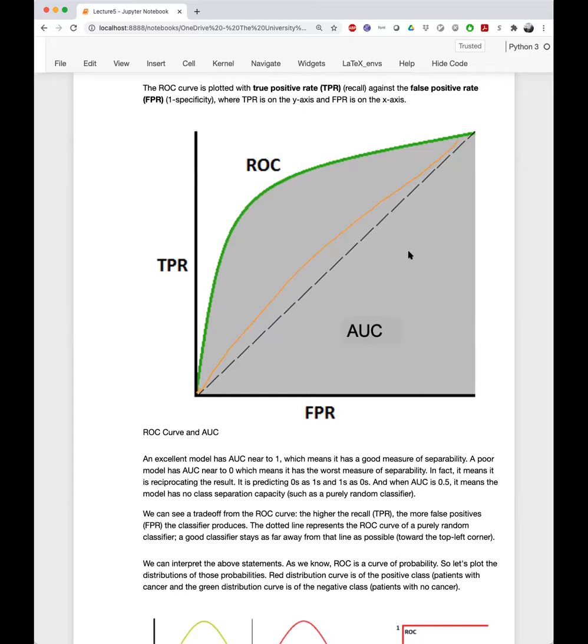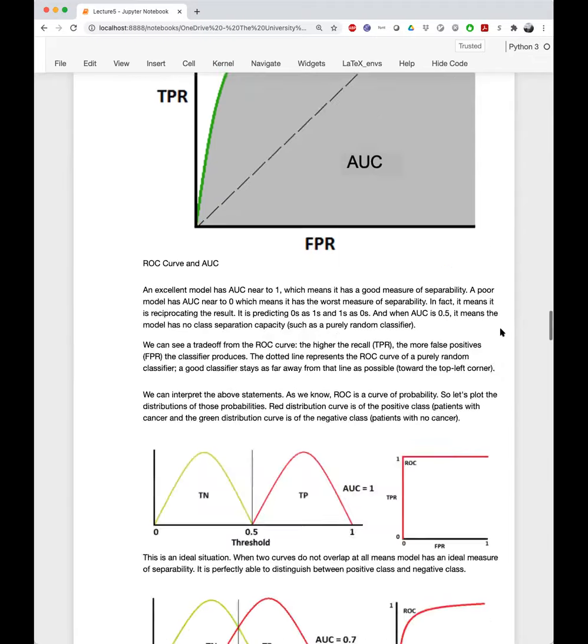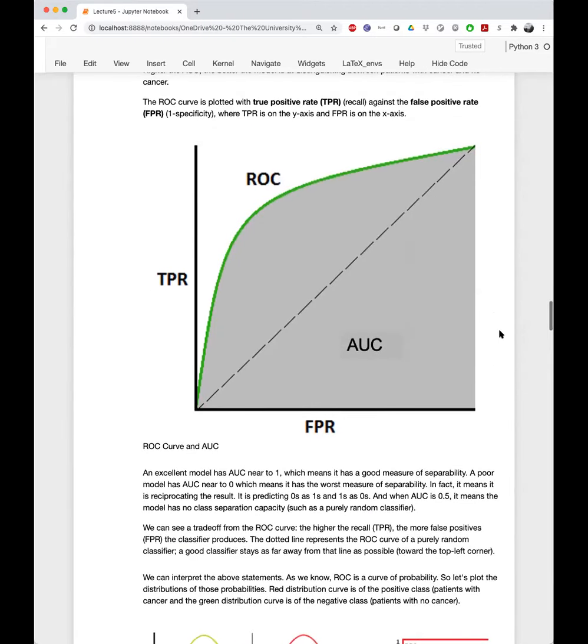And another thing we want to talk about is the trade-off of TPR and FPR. What this really means is that when you want to increase TPR, you want to go this way, then you have to move this way.